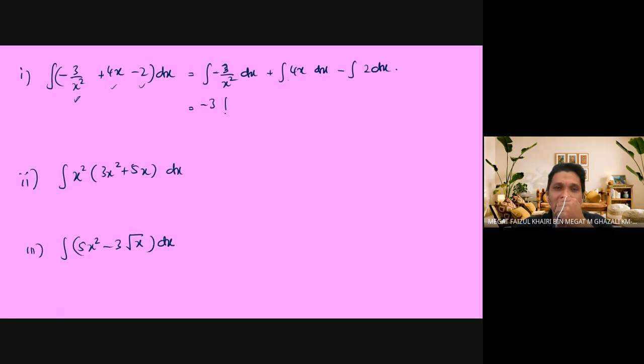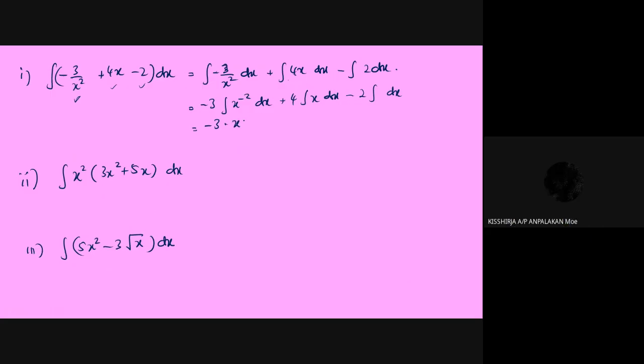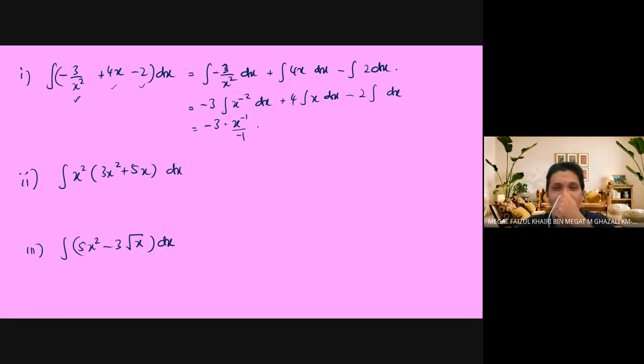Now, negative 3 is a constant, take it outside. Integral of 1 over x squared, make it x power of negative 2 dx, plus 4 integral of x dx minus 2 integral of 1 dx. So negative 3, integral of x power of negative 2 dx is x power of negative 1 over negative 1. Good.